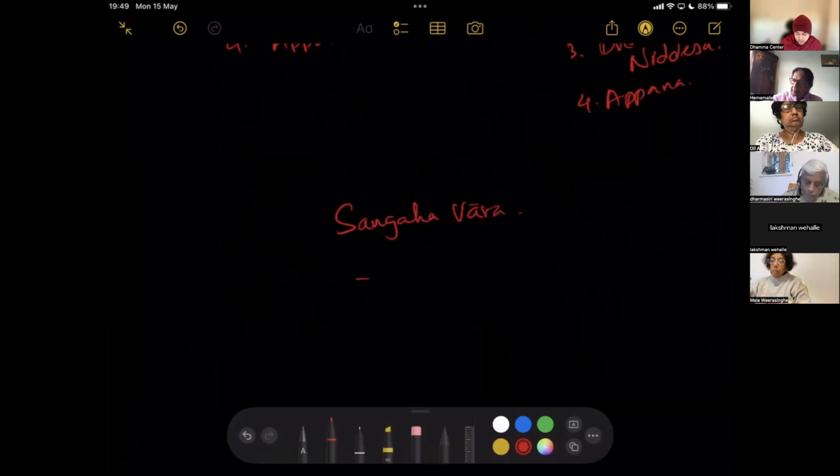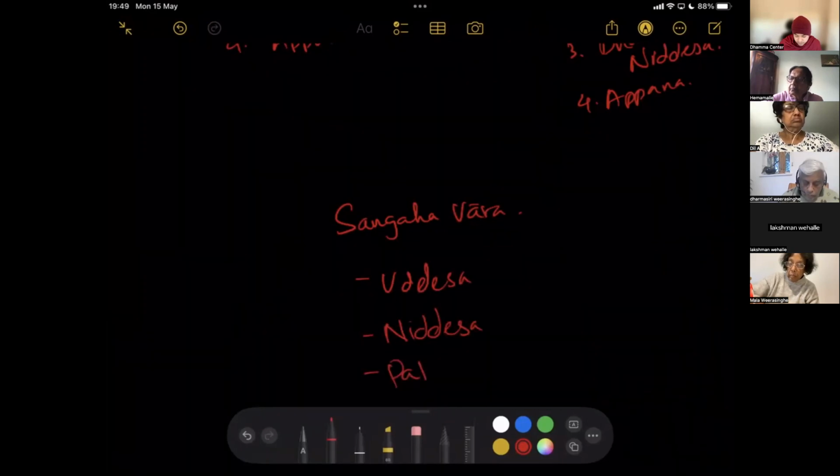Sanghavara has 3 parts: Uddesa, Niddesa, and Patiniddesa. Uddesa, Niddesa, Patiniddesa. Right?